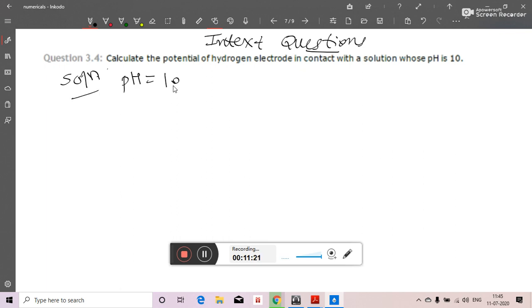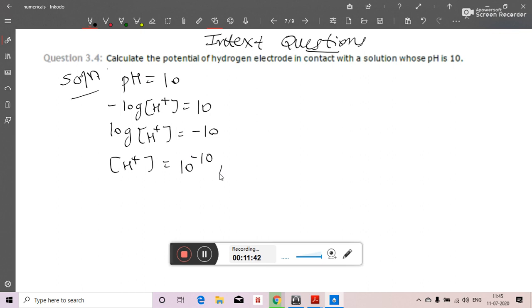That means minus log of H plus equal to 10. So log of H plus equal to minus 10. So concentration of H plus equal to 10 raised to minus 10 molar.